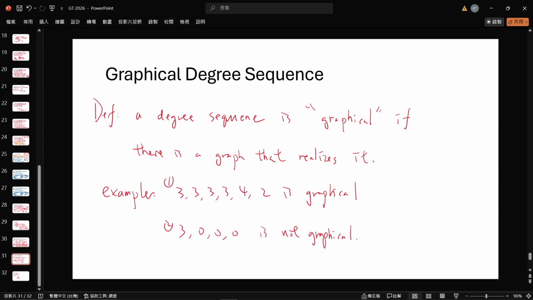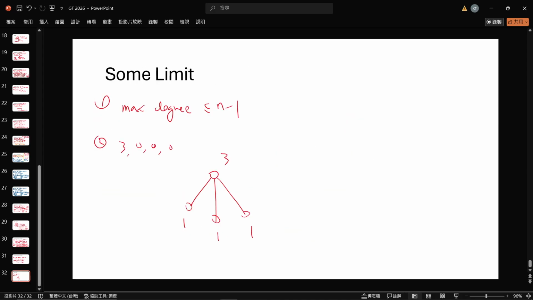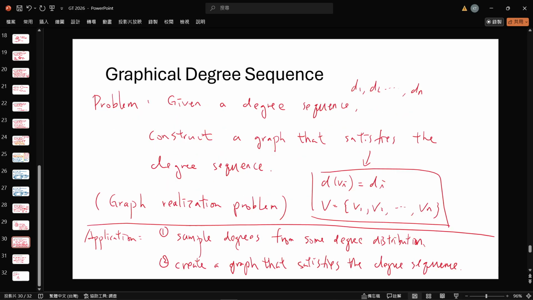Based on our previous discussion, we also know that if a degree sequence has a maximum degree that is greater than n minus 1, this degree sequence is not graphical. So before we solve this question, we want to first consider a somewhat simpler question: given a degree sequence, determine whether it is graphical or not.